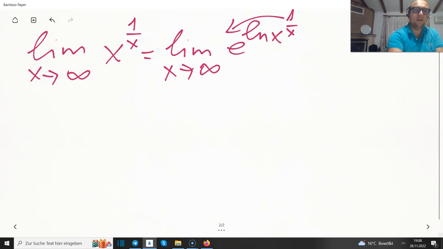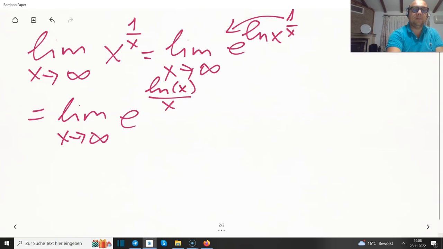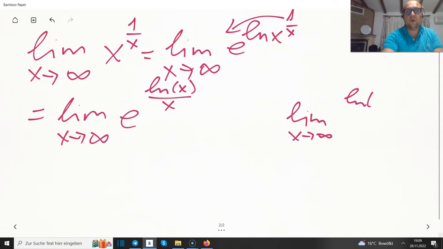We bring it in front, sorry. We get the limit as x tends to infinity of e to the power of ln of x divided by x. And now you see there is a battle between those two. Who's going to win? Both are running towards infinity.